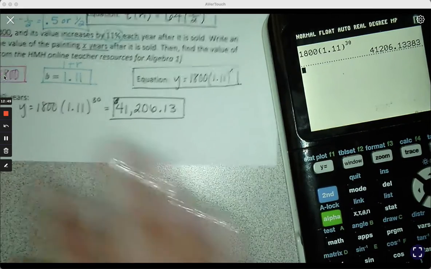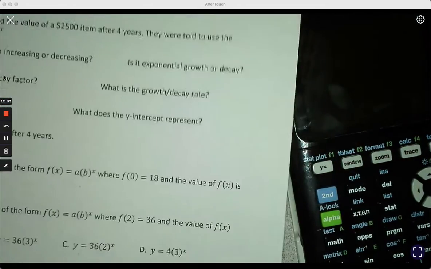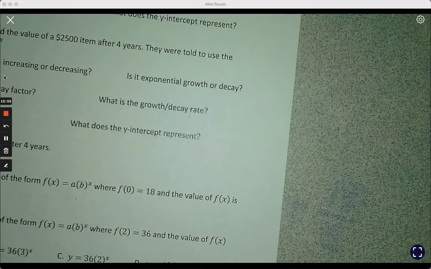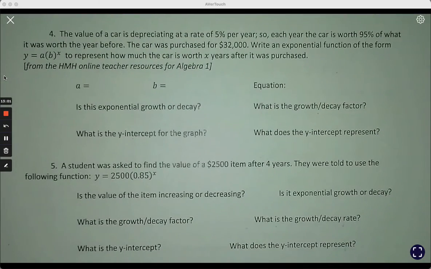Pretty cool. All right, so let's look at the back. Do we have any good examples on the back? These are pretty good. Okay, the value of a car is a car question. I like car questions. The value of a car is depreciating at a rate of 5% per year.